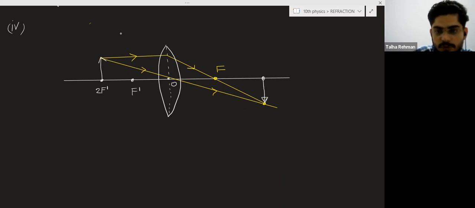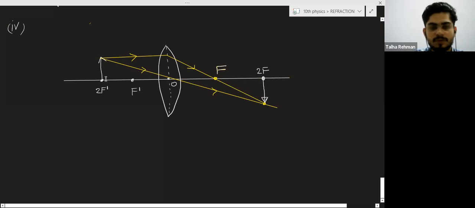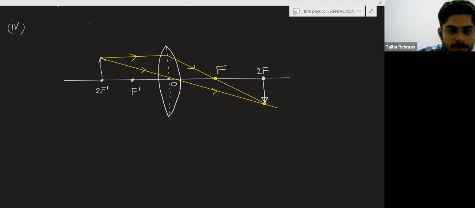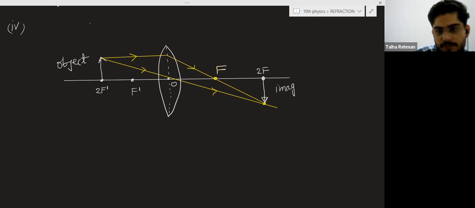This distance will be 2f. This is f. This is our object, and this is the image.